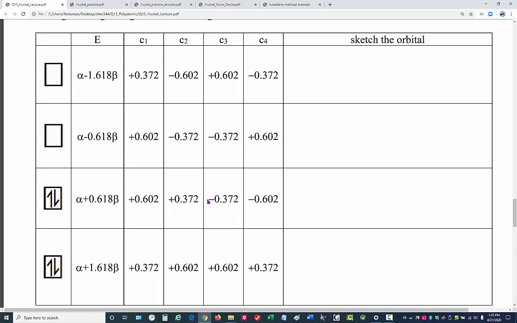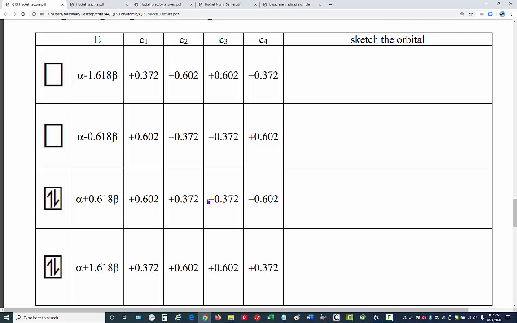So let's try to do a little sketch over here of this orbital. Each of these orbitals will look a little different, and I'm going to pay attention a little bit to the structure of these numbers, the symmetry, right? And then also their relative magnitude.